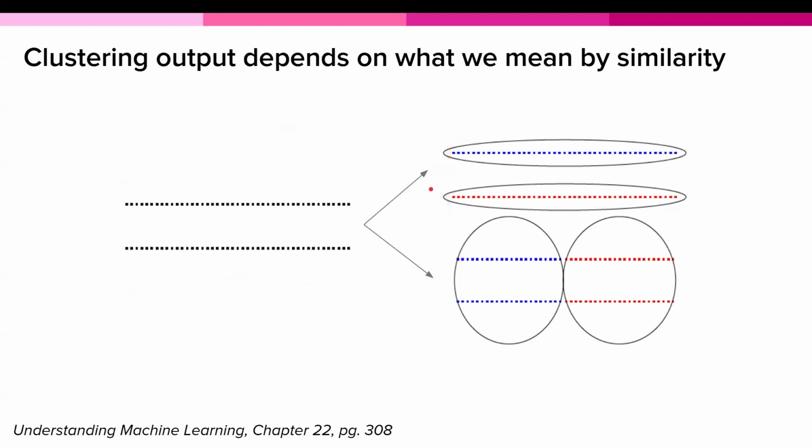This top one would emphasize something called linkages, which I won't get into. But the bottom one would emphasize that Euclidean distance metric that we discussed. So yeah, the similarity metric is absolutely crucial for determining the output of the clustering algorithm.